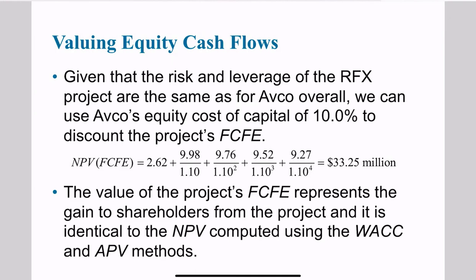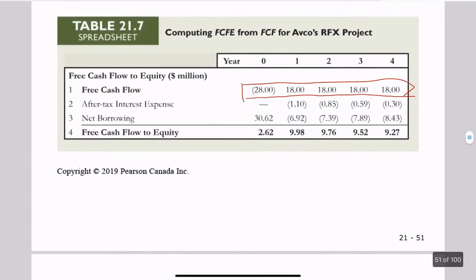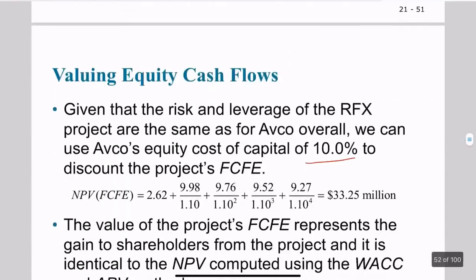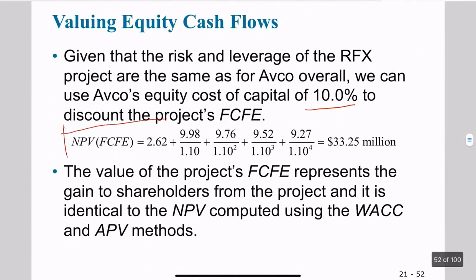It is 10%. So what you will do is you will discount these numbers with 10% discount factor, right? So this is exactly what this equation is trying to do here.